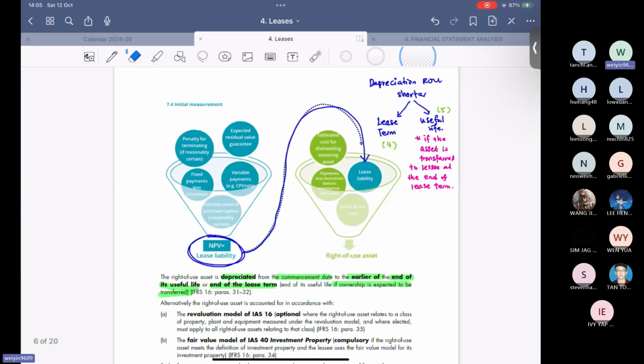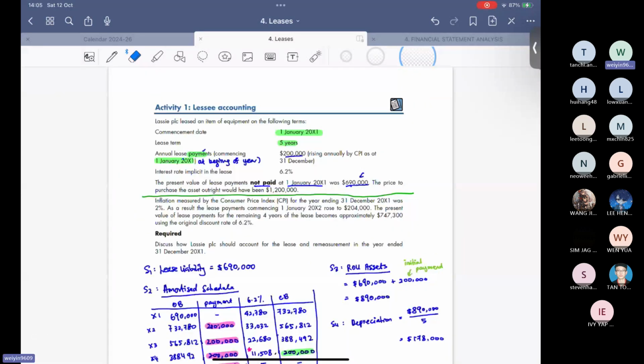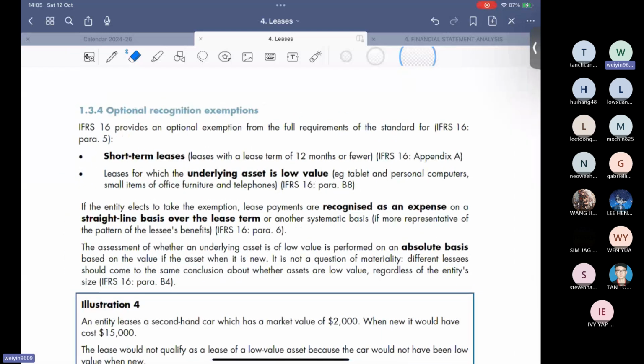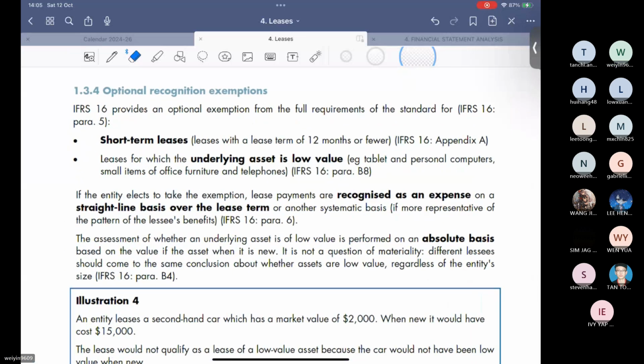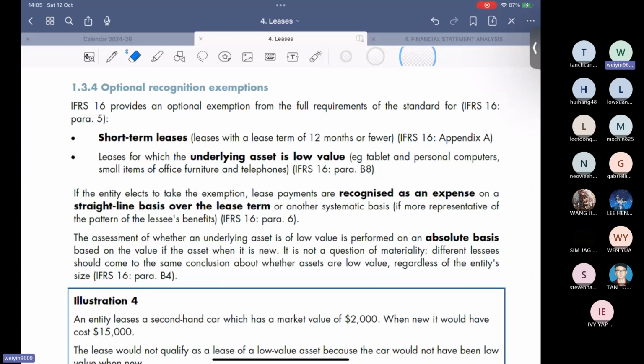Okay, next one. For the second part, come to this one. Optional recognition exemption. So this is under exceptional case. IFRS 16 provides optional exemptions for two requirements. The standard states we cannot go for operating lease, but IFRS 16 says you can, under these two conditions.